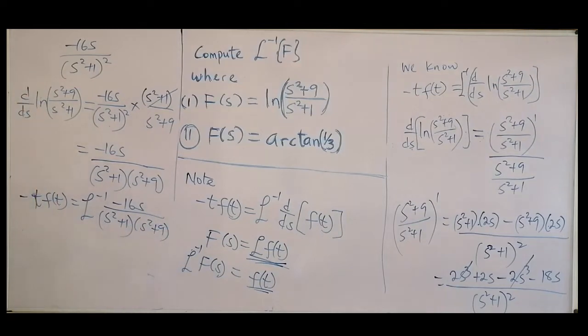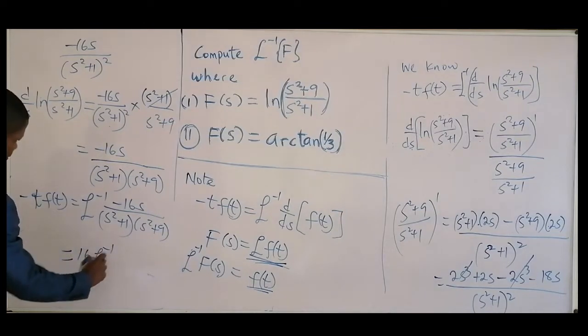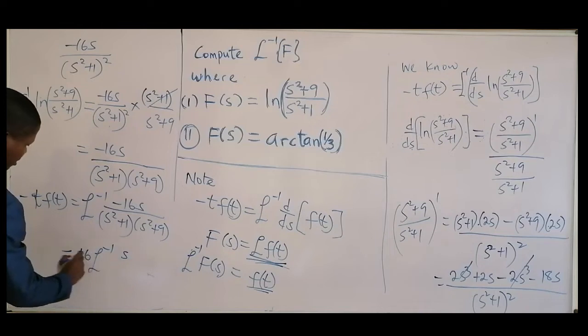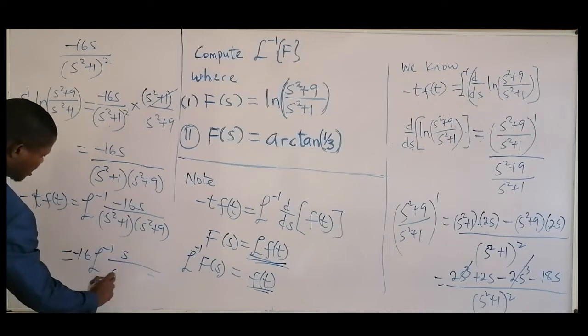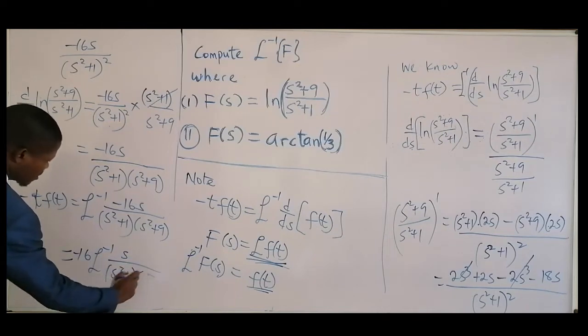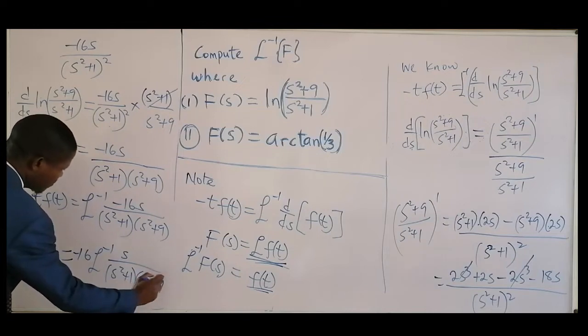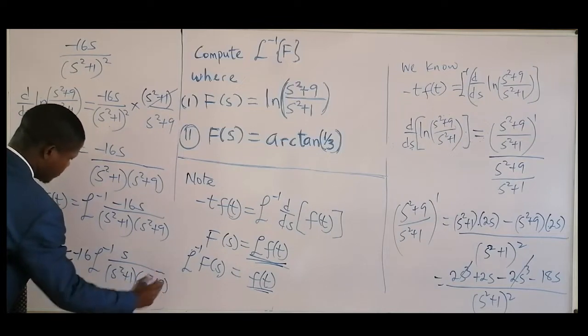So that's what we have. Then let's get the inverse of this. You can take the 16 out: minus 16 times the inverse of s over (s squared plus 1)(s squared plus 9).